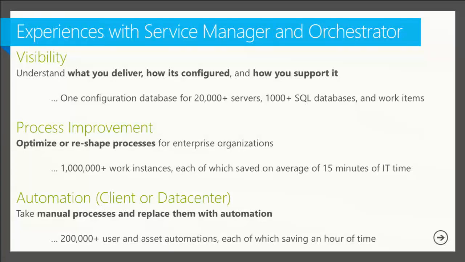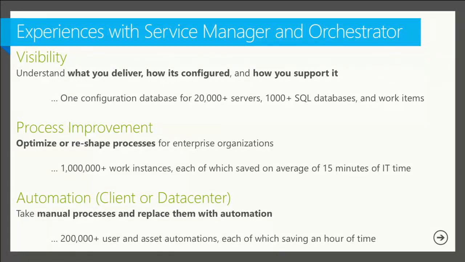And we've seen that in very practical implementations ranging from hundreds of thousands of objects in the CMDB, hundreds of thousands of computers in the CMDB, tens of thousands, if not hundreds of thousands of servers, millions of instances of work, and 400,000 plus assets.